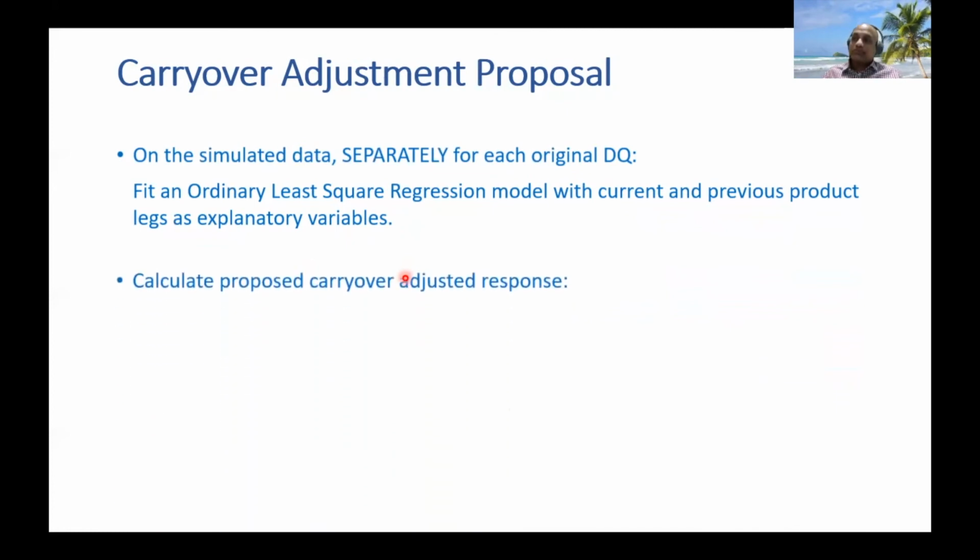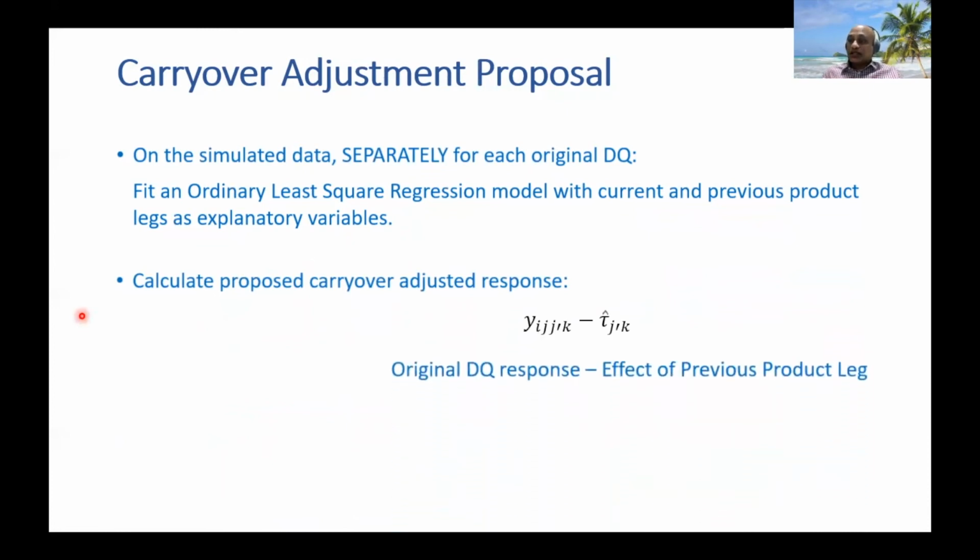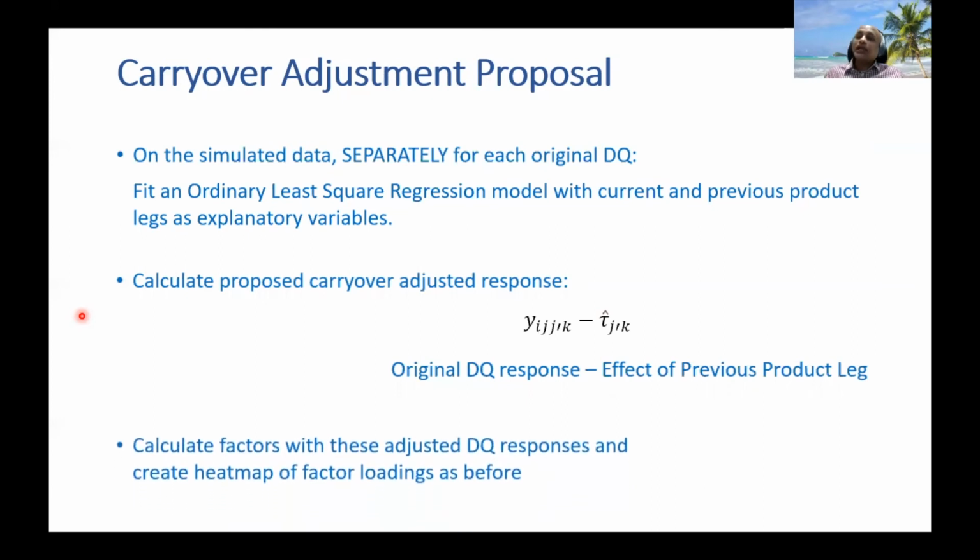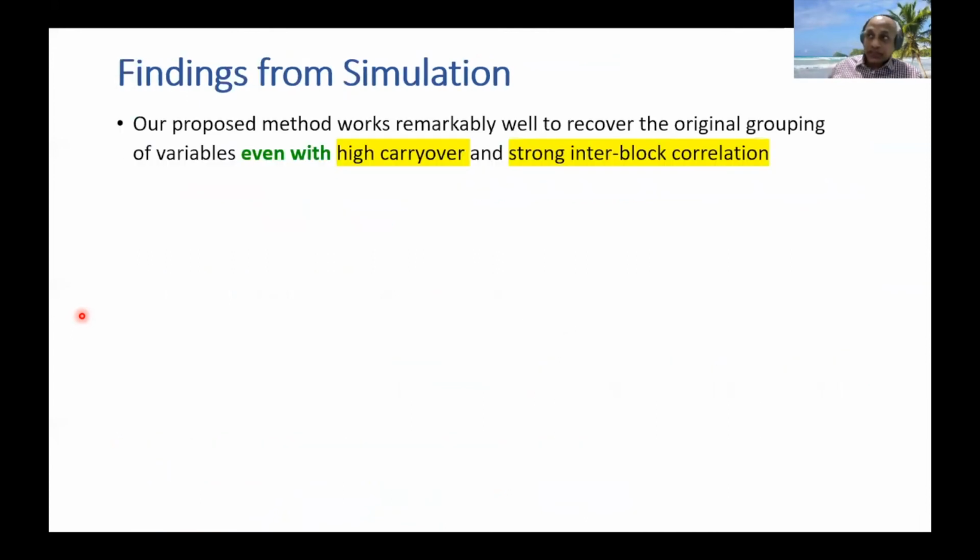Then calculate the proposed carryover adjusted response, which is nothing but taking the original DQ response and subtracting the effect of the previous product leg from that original DQ. Calculate factors with these adjusted DQ responses and create a heat map of factor loadings as before.